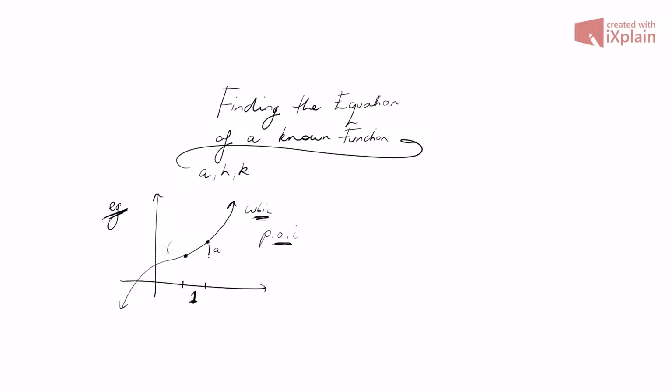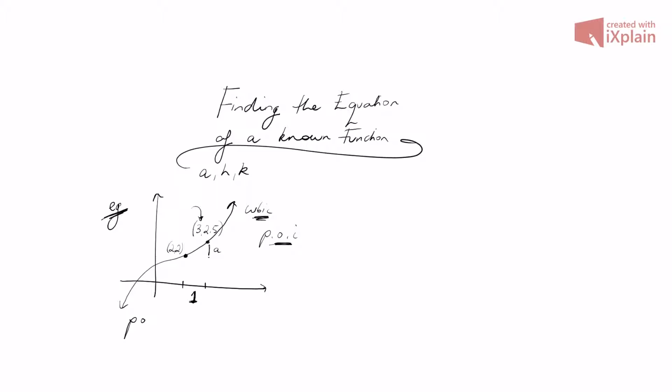Let's say this point of inflection is at (2, 2), and this point here is at (3, 2.5). You see here, this 3 is one across on the x-axis from the point of inflection. This method will only work when we're one across from the special point, the point of inflection.